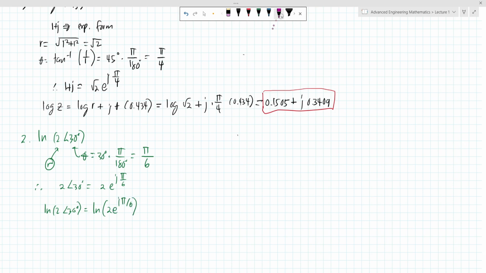And remember, the natural log of r e raised to j theta is simply the natural log of r plus j theta. So you just copy everything. We have the natural log of 2 plus j pi over 6. Actually, this is already an acceptable answer.